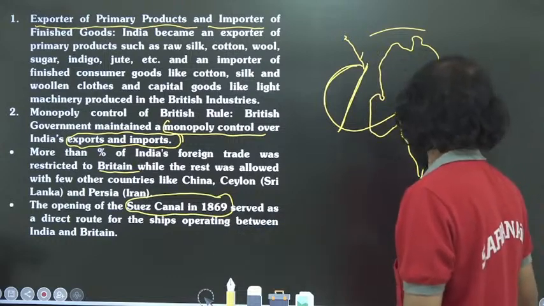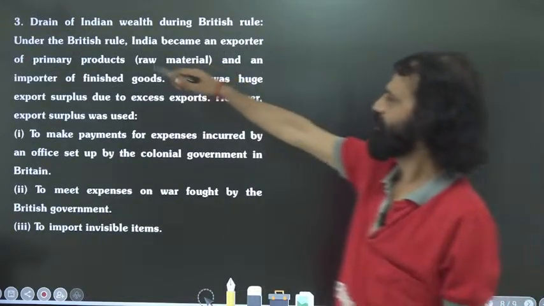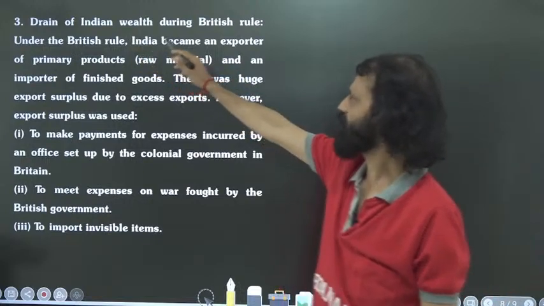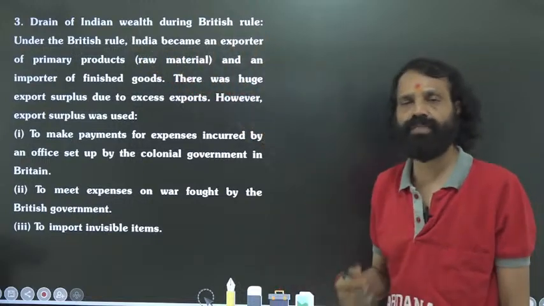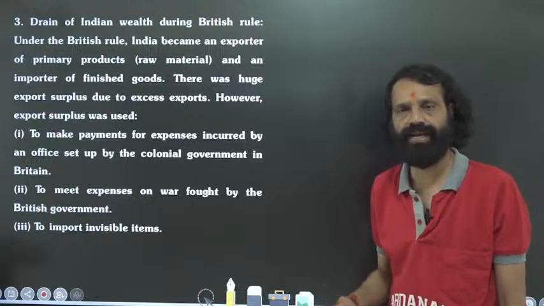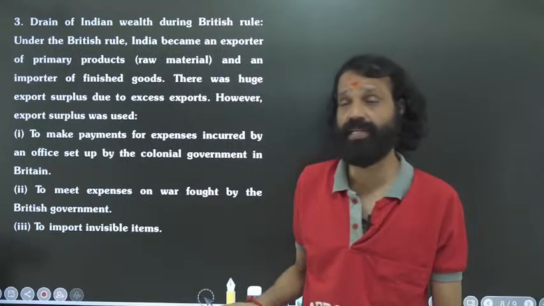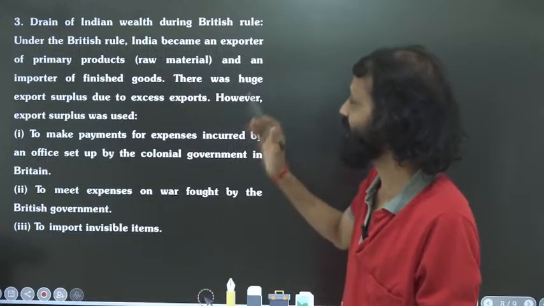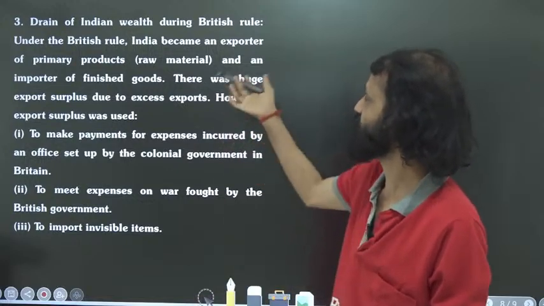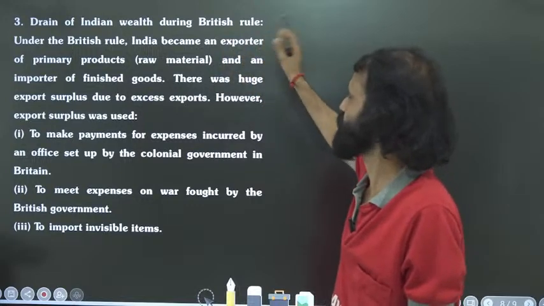The next step we can see: drain of Indian wealth during British rule. How the Britishers looted, exploited and plundered India's wealth to their country, that we needed to know. How did they drain India's wealth during British rule?